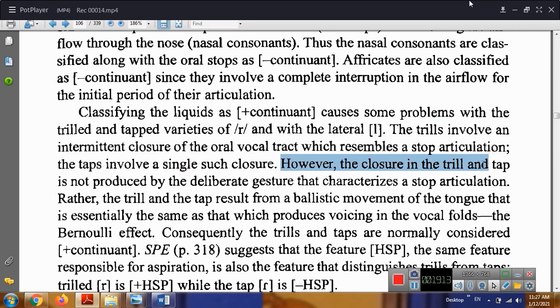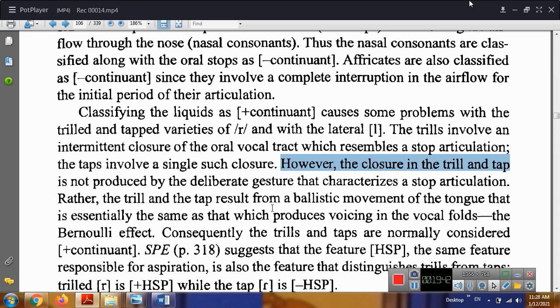However, the closure in the trill and tap is not produced by the deliberate gesture that characterizes stop articulation. Because our closure is unintentional, we consider them as plus continuant. When we intentionally have a closure in the oral tract, we do not consider them continuant.